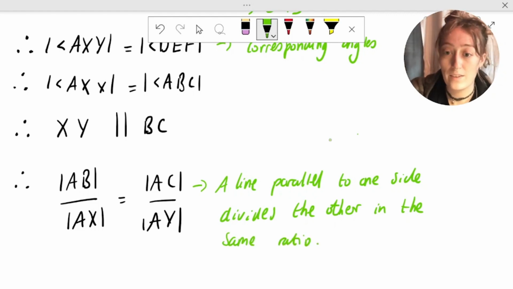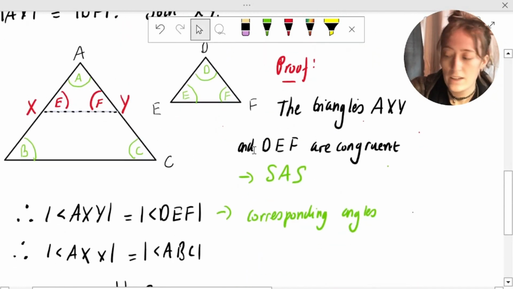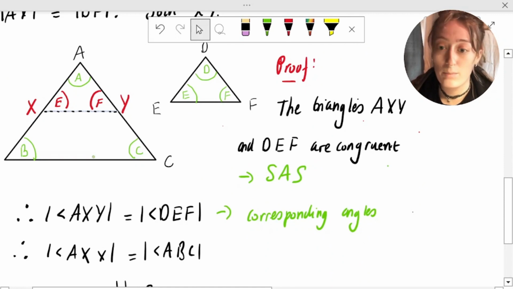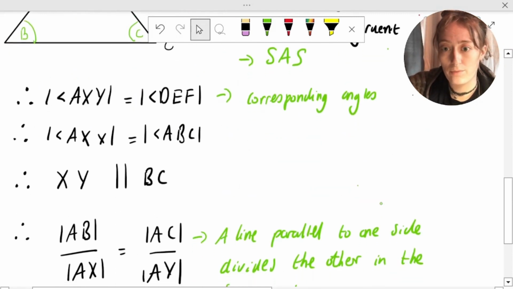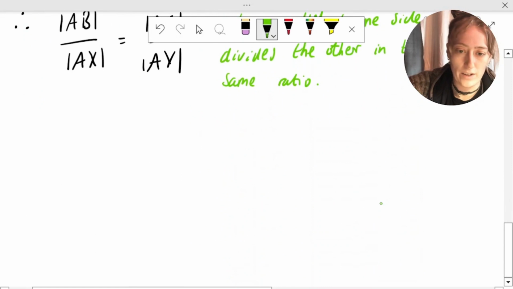Okay, let's have a look. So if we have a line here that's parallel to the base of the triangle, then it splits both sides in the same ratio. Okay, that's all it's saying. And I have that proof done for you in another video, so check that out if you haven't already.